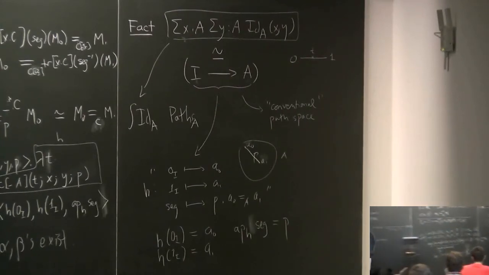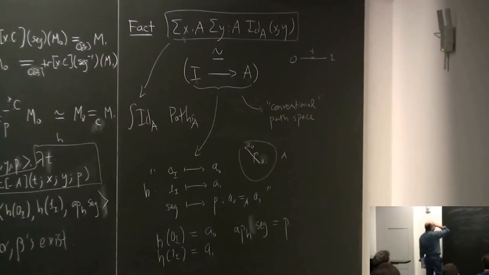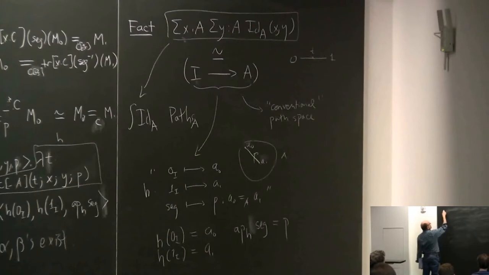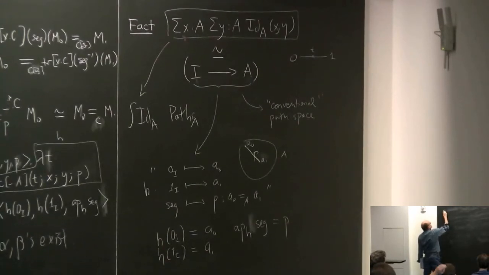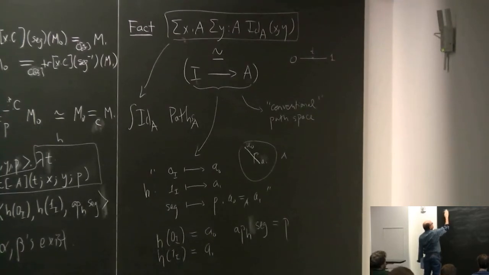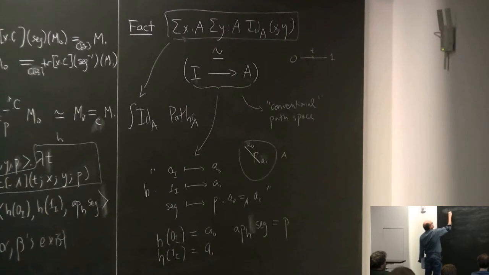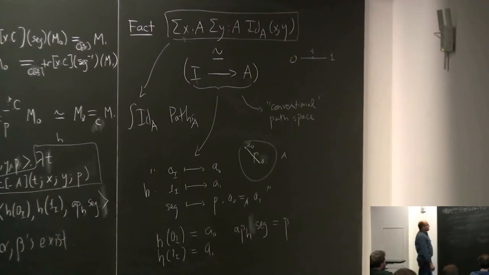Okay, so now the next thing I wanted to observe, which is kind of an amusing thing, is the following. Let's do it in stages. If you look at the total path space of A arrow B, we just said that that's equivalent to A arrow B. We just finished proving that.